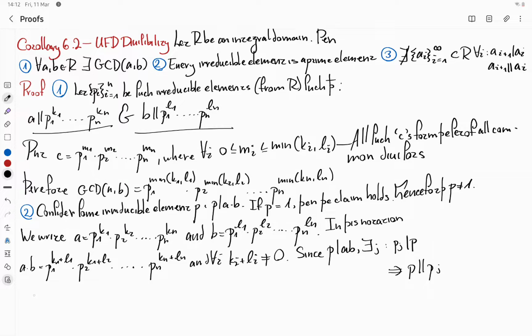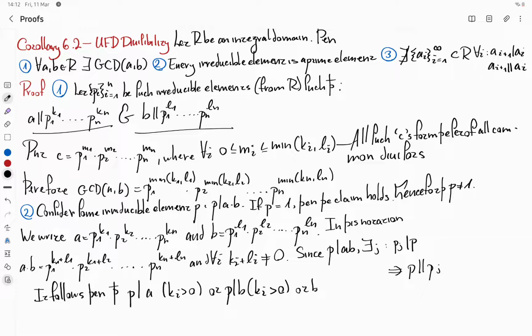It follows then that P either divides A if Ki is greater than 0, or P divides B if Li is greater than 0, or both, but at least one, which is precisely what we wanted, so hence P is prime.